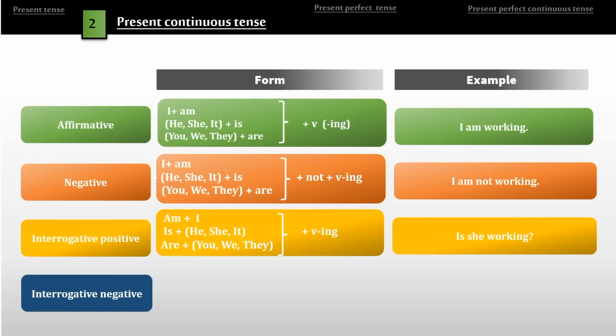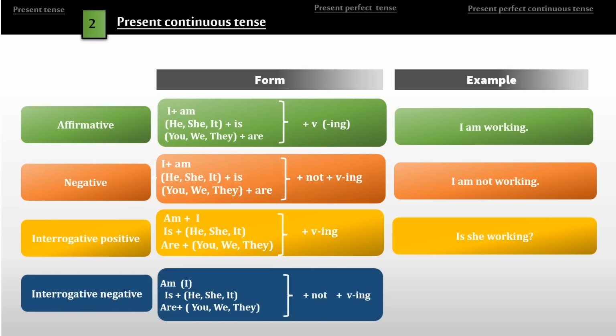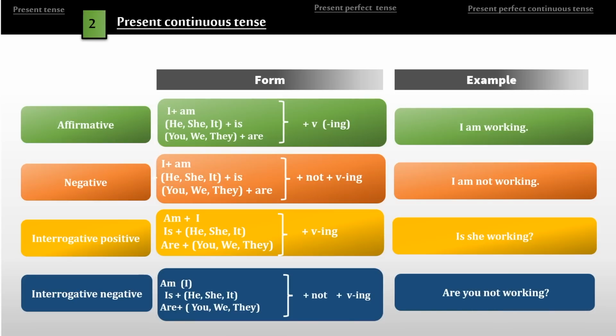Interrogative negative. Am plus I plus not plus verb ing, is plus he, she, or it plus not plus verb ing, and are plus you, we, or they plus not plus verb ing. Example: are you not working?